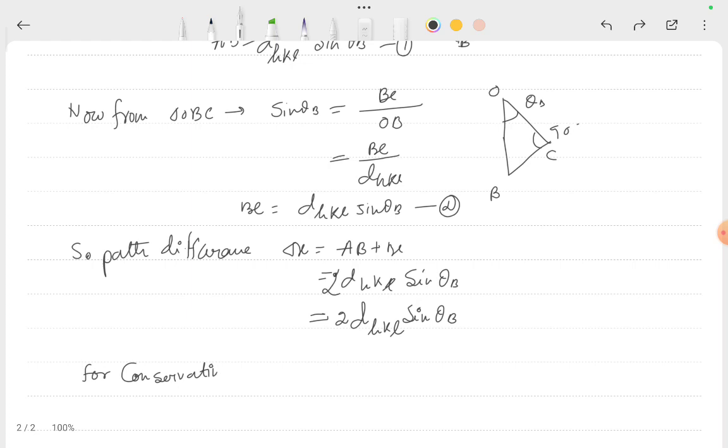it's a very well known constructive interference. For constructive interference, path difference is equal to n lambda, where n is mainly 1, 2 or 3. n = 1 is first order, n = 2 is second order, and n = 3 is third order, and so on.